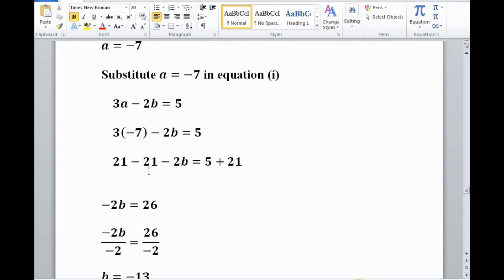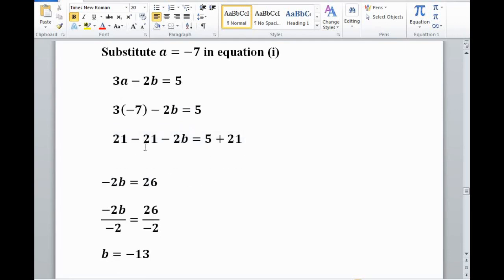So okay, now to eliminate negative 21 from the left hand side, or to shift negative 21 from left to the right side, I'm going to add 21 on both sides. So negative 21 plus 21, negative 2b equals 5 plus 21.